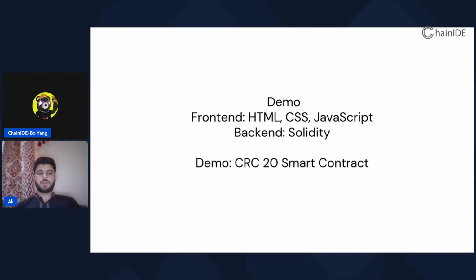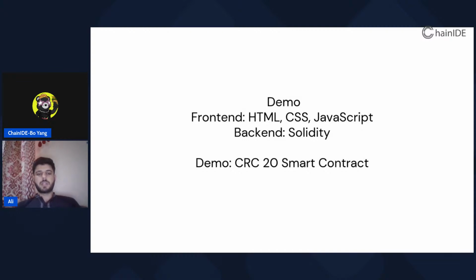But if it is deployed on the Binance Smart Chain, then it has another standard, BEP20 token. And if it is deployed on the Conflux blockchain, then it is known as a CRC20 standard token.